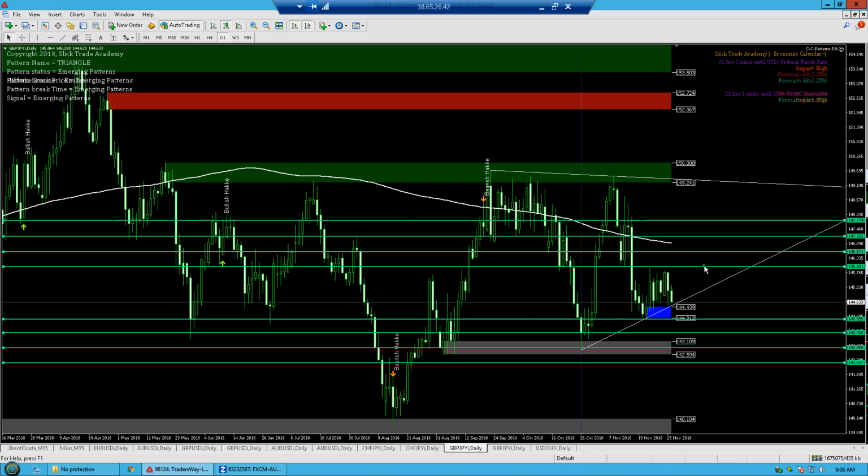Now, if price breaks above and holds, we can expect that price may reach 146.571, 147.162, or 147.774. Okay, that's kind of what I'm seeing on that one. So, pretty clear.